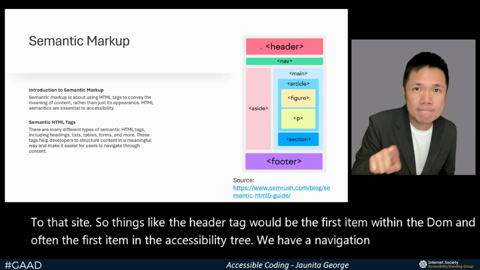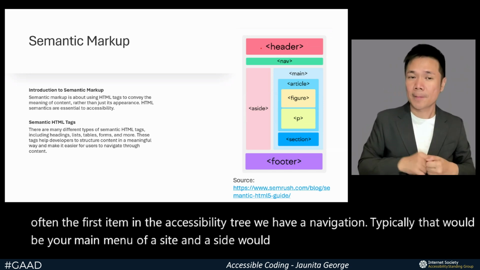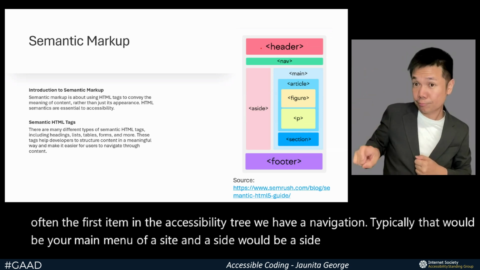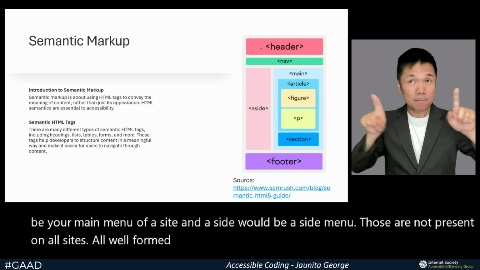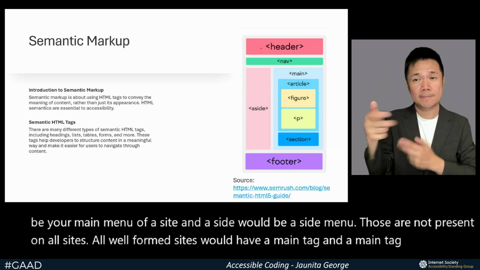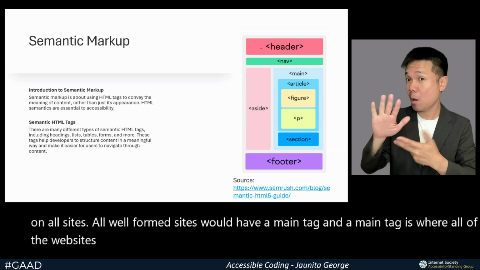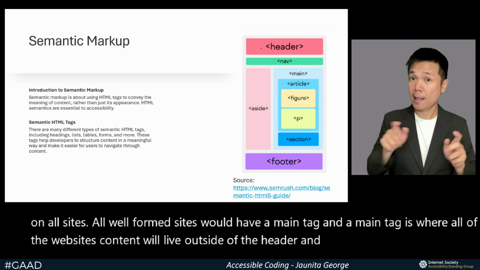Typically, that would be your main menu of a site. And an aside would be a side menu. Those are not present on all sites. All well-formed sites would have a main tag, and a main tag is where all of the website's content will live outside of the header and main navigation.